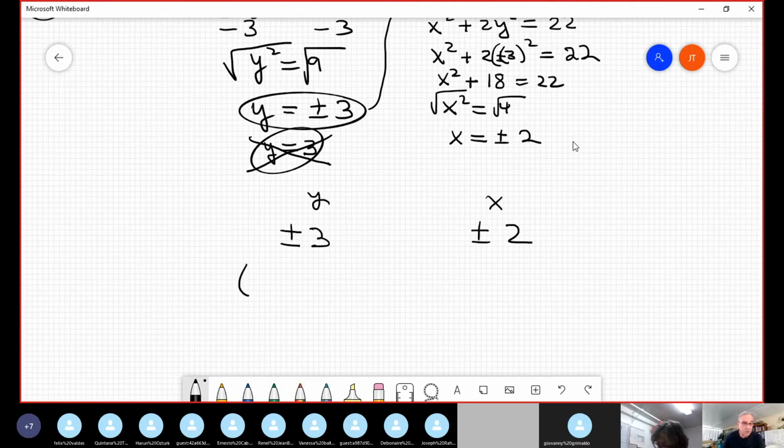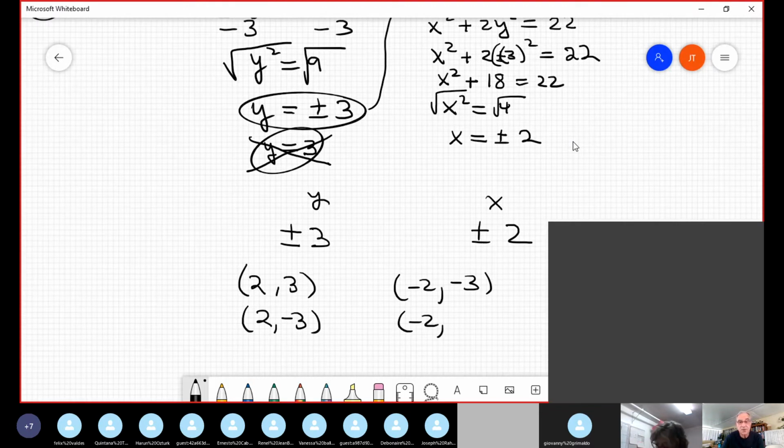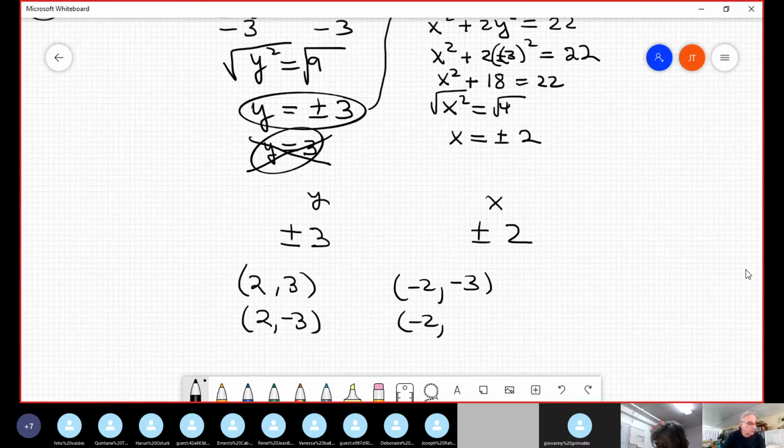But the points, suppose the positive solution, are 2, 3, then 2, negative 3, then negative 2, 3, and negative 2, negative 3.